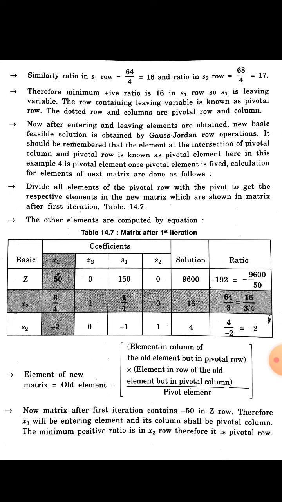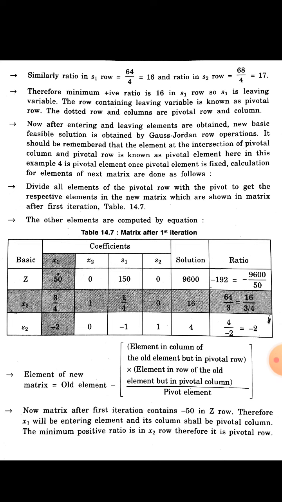The z row has minus 50 for x1, and for x2 the row has 3 by 4 and s2 has minus 2. The x2 column is 0, 1, 0, the s1 column is 150, 1 by 4, minus 1, and for s2 it is 0, 0 and 1. The solution column is 9600, 16 and 4. Now the ratio is the solution divided by x1: minus 9600 divided by 50, 16 divided by 3 by 4, and 4 divided by minus 2.